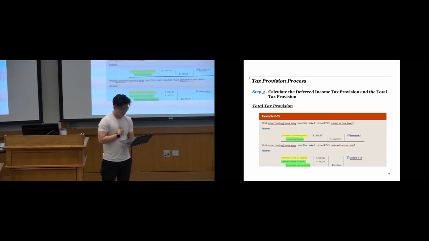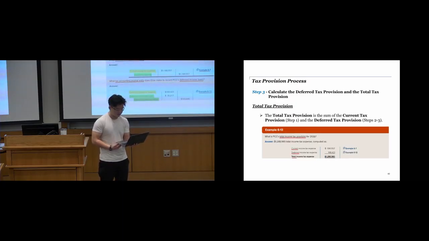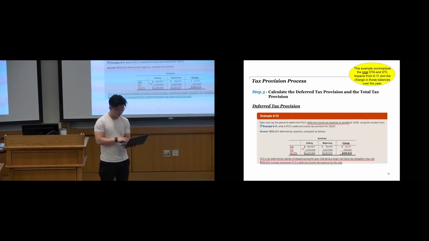What tax accounting journal entry does PCC make to record deferred income taxes? They would debit the deferred income tax expense of $108,423 and the additional tax asset of $35,217 and take some of that to balance with the credit of the tax liability. Yes, and that should be these entries here from the example that Megan did. I have a DTA that needs to go up by $35,217, so that's a debit DTA.